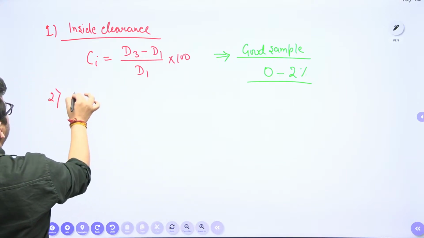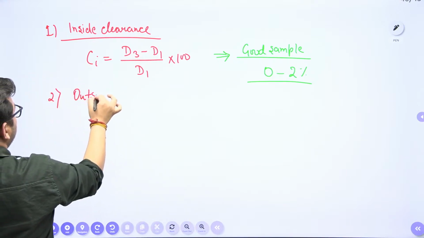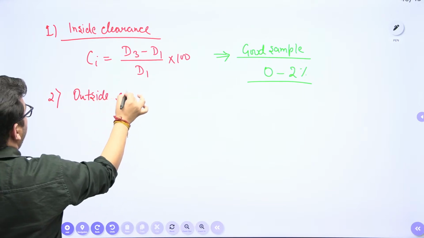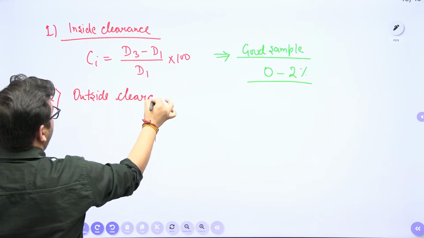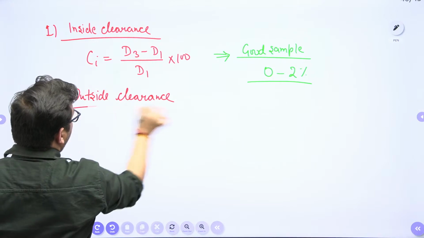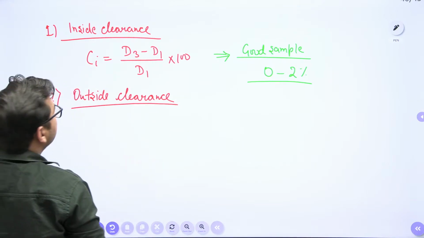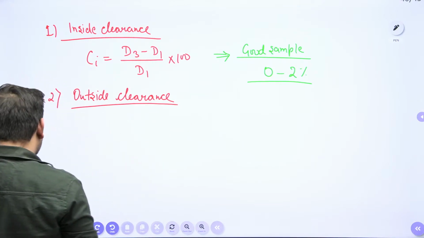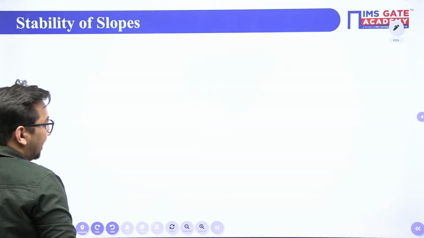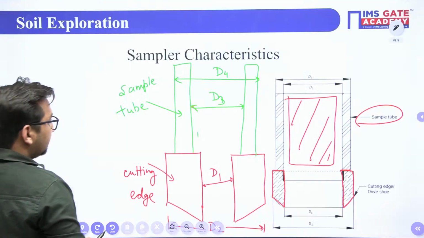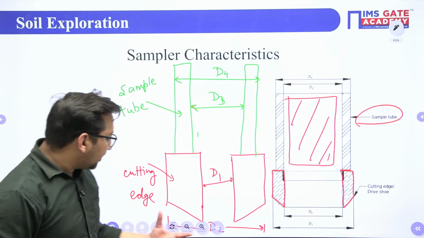Second is your outside clearance. Outside clearance is the difference between the outside diameters. Now try to understand.